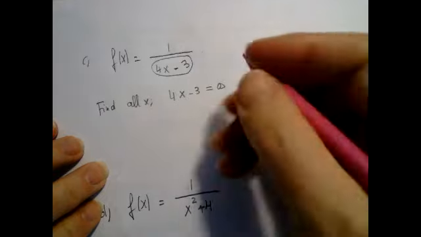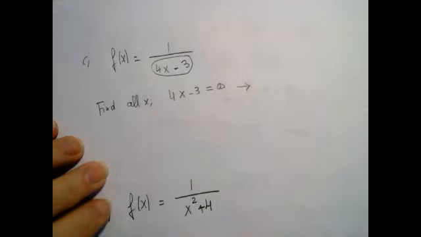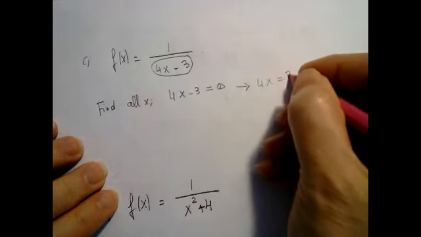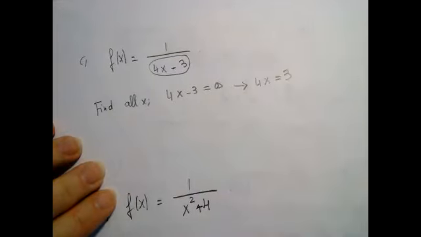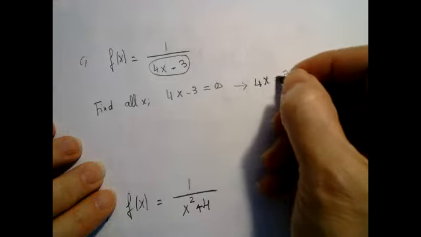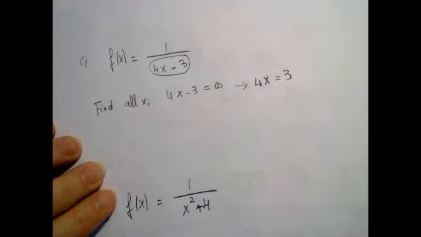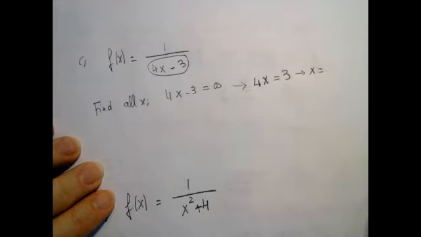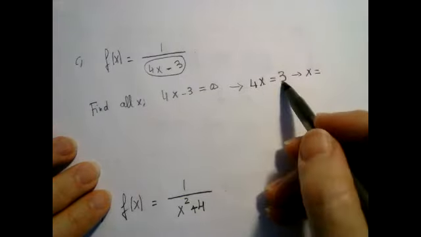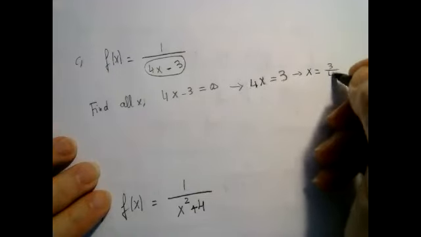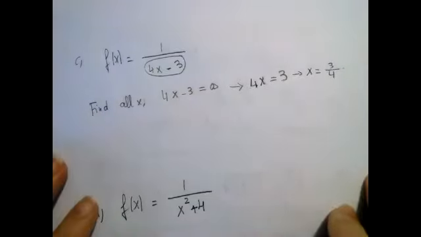Okay, so what x will make this denominator 0? If 4x minus 3 equals 0, what should x be? Just solve. 4x equals 3, I divide by 4 on both sides. x equals 3 over 4.